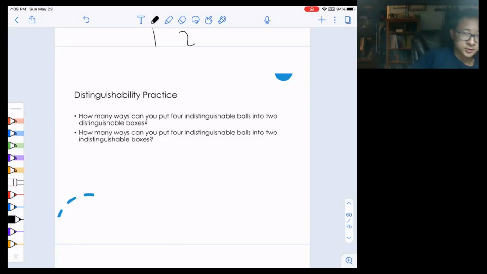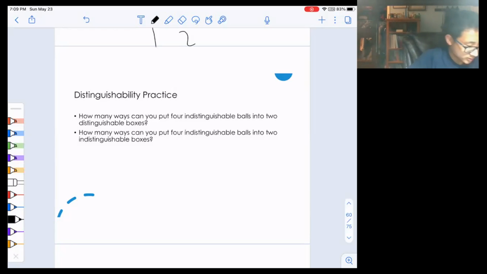All right, so I gave you guys enough time to do this problem, so now I'll go over it. How many ways can you put 4 indistinguishable balls into 2 distinguishable boxes? Wait, hold on.